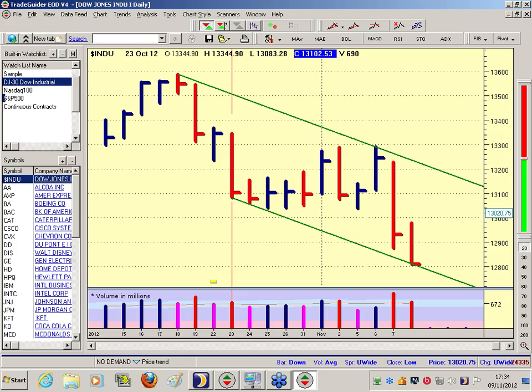That's normally a built-in sign of weakness right there. Although, because we're now at the bottom of the trading range, you might possibly expect some sort of bouncing effect. But you've got this weakness hanging over you now.